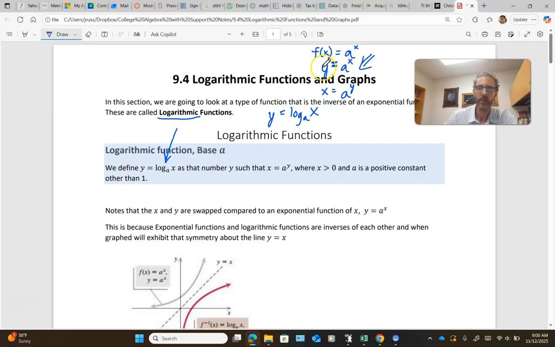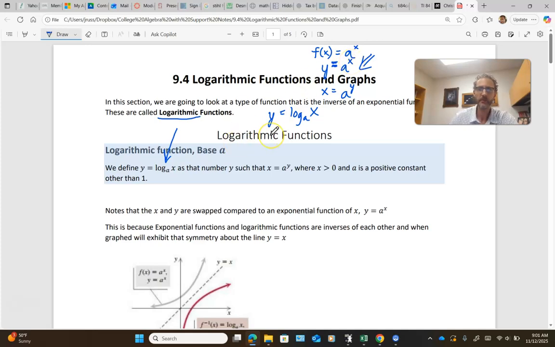So instead of y equals a to the x, we have y is equal to log base a of x. Now I want to point out that whatever the base of that corresponding exponential function was, that will be the base of your logarithm right here. And the input for this logarithmic function will essentially have been the output of your exponential function. And then the output of this logarithmic function will be an exponent, just like the input of your exponential function was an exponent.